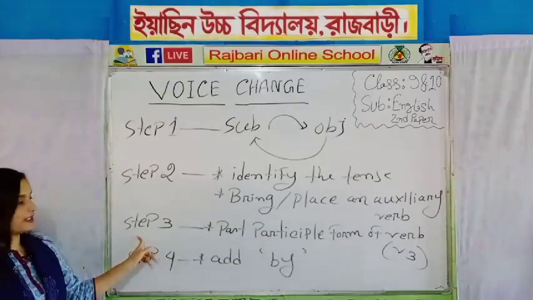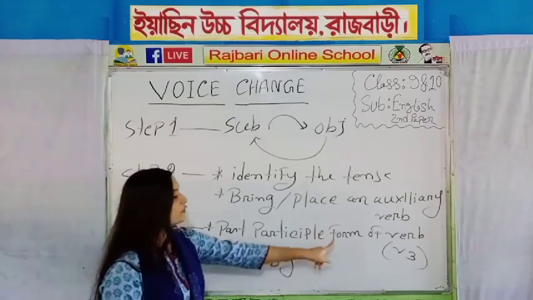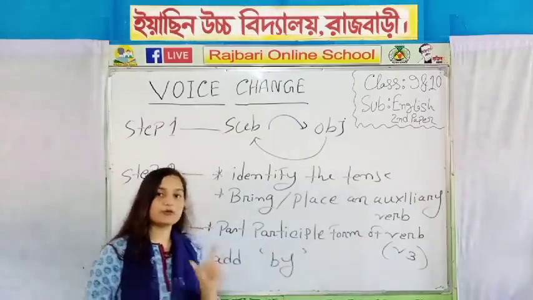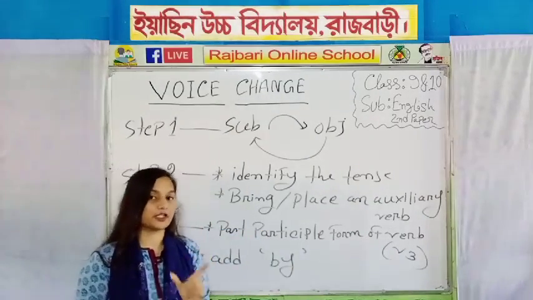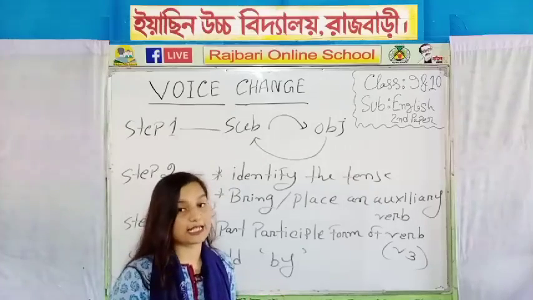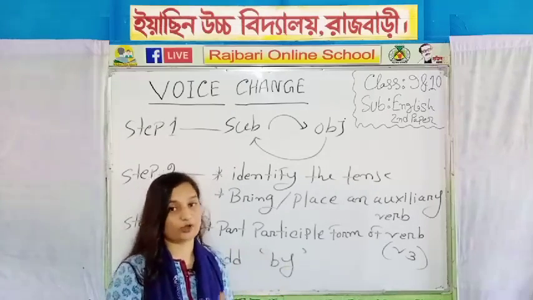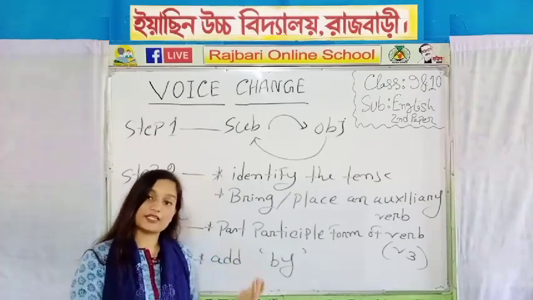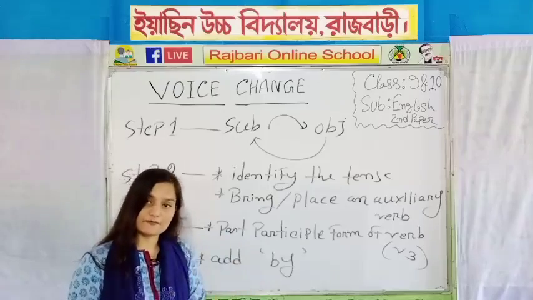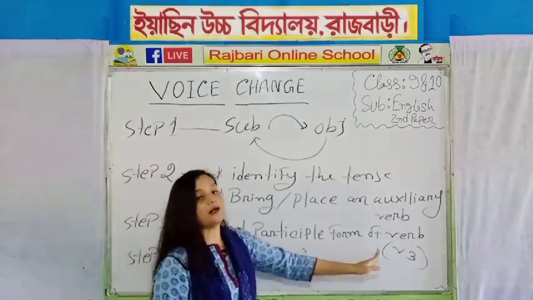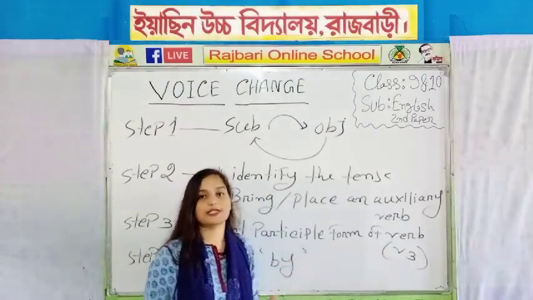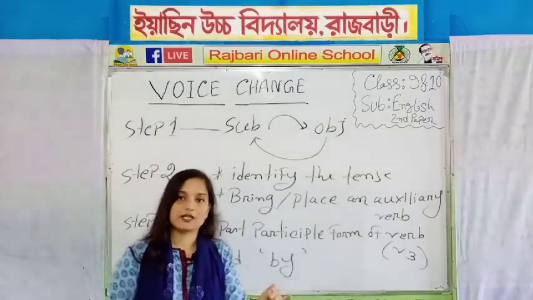Now the third step is the past participle form of the verb. That means you will get a principal verb in every sentence, whether it is passive or active. If you want to make it passive voice, you have to make the past participle form of the verb. For example, if the verb is eat, it will be eaten.